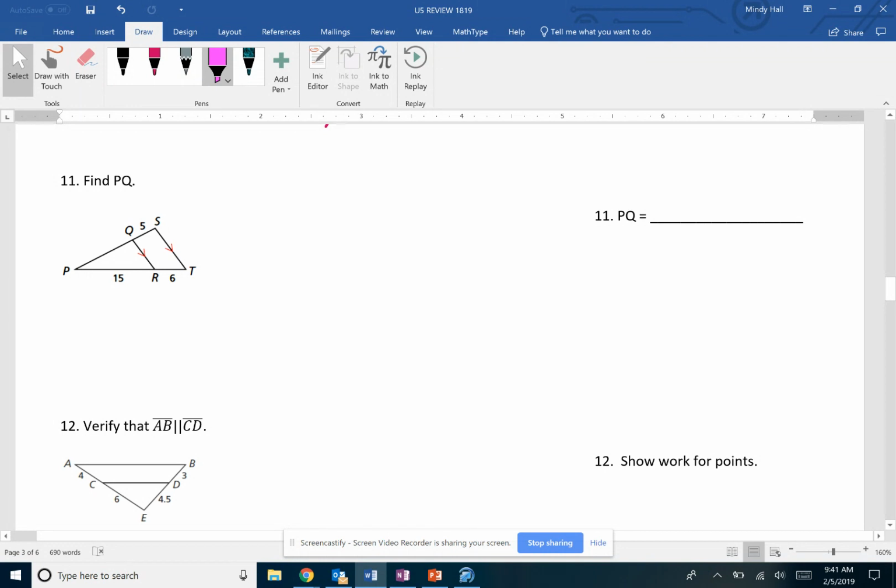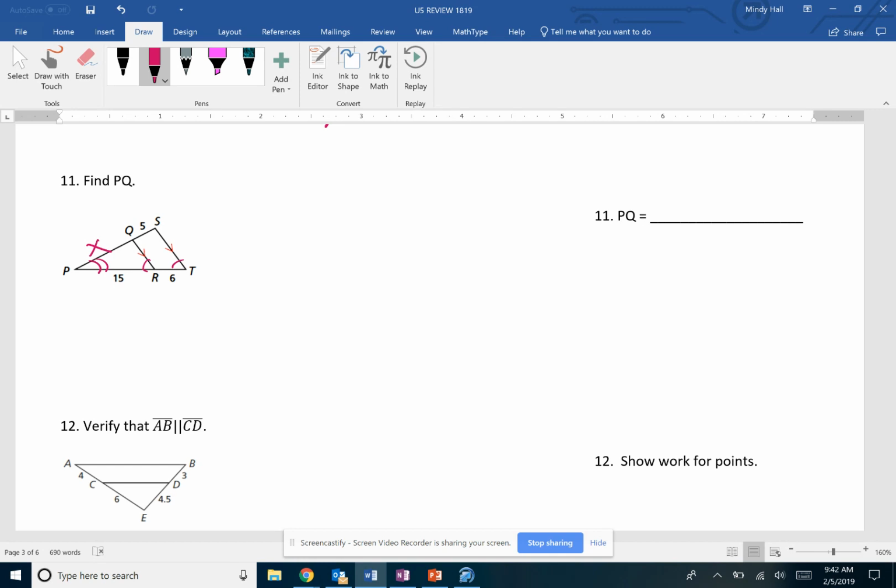Our next one, we have to find PQ. So I will just put an X in there. Oops, I was still on the highlighter. Since I'm finding PQ, the nice thing is when I solve for X, it's going to be PQ. When you set up the proportion, again, we have this reflexive angle in here, and because of those parallel lines, you have corresponding angles.